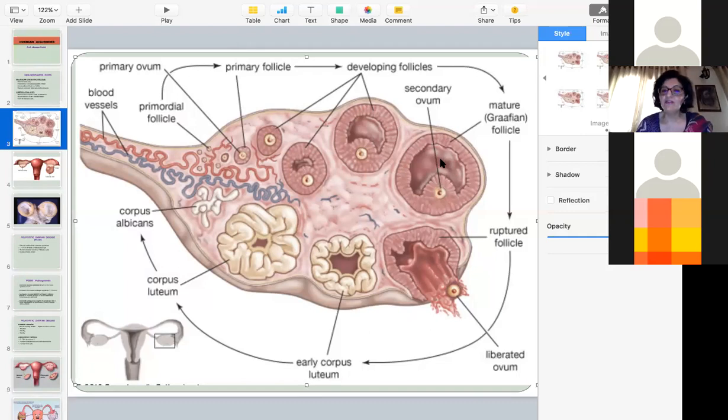If this fails to rupture, it can accumulate fluid and then become a follicular cyst. But normally what happens is when it is mature, it ruptures and releases the ovum out at the 14th day of the cycle.